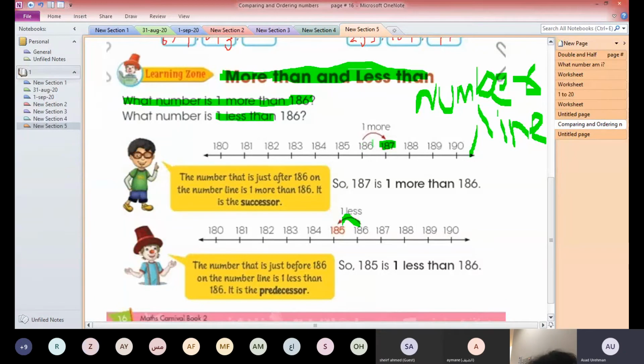So this is one more than 186, which means 187, or you can say 186 plus 1. You can also say this. What number is 1 more than 186? 187. But you have to check here in the number line. You have to check the pattern. What number comes after 186?